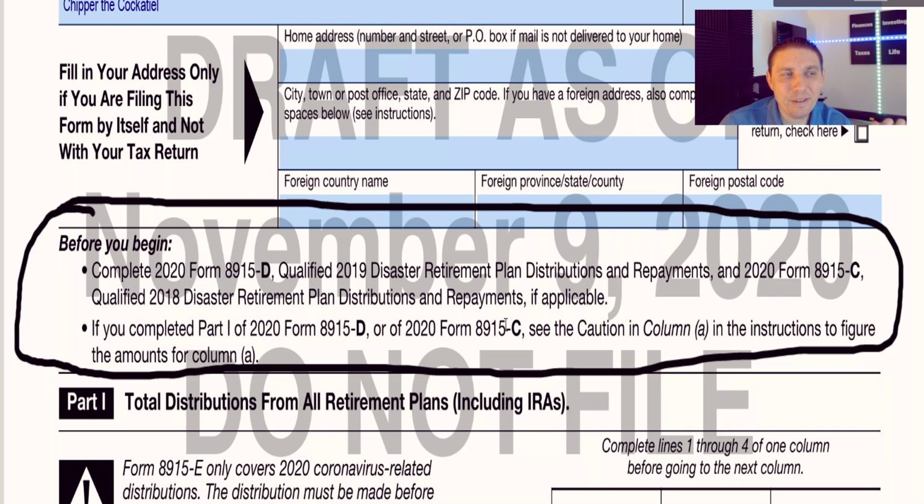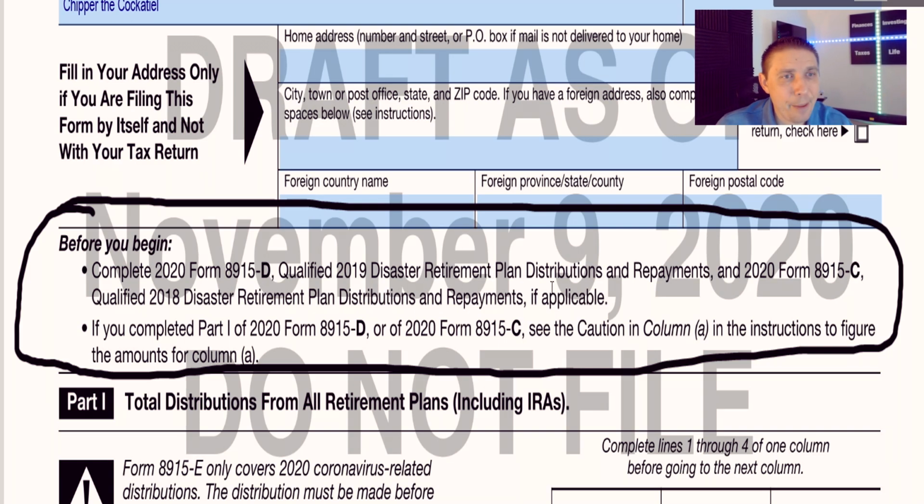If you had to file any of these forms in the previous years, then those forms are going to affect this form. If you did not have a disaster type of distribution, which these disasters they're talking about here do not relate to COVID. This is completely different.